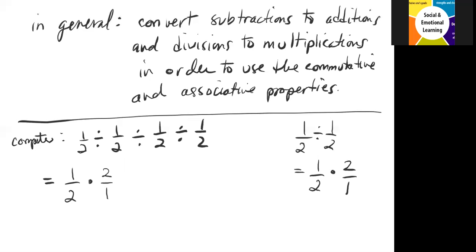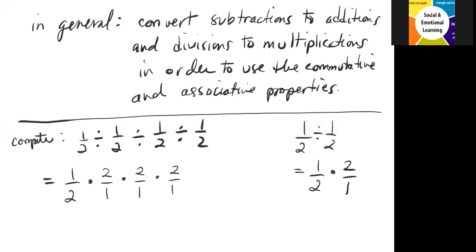And then we have another division sign here. So I'm going to multiply by the reciprocal. And then another division sign, I'm going to multiply again by the reciprocal. So we can convert all of these divisions into multiplications. Is everybody with me so far? Does this make sense? Okay.